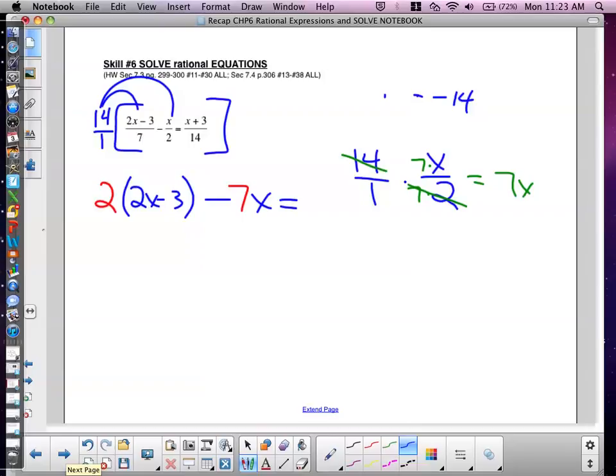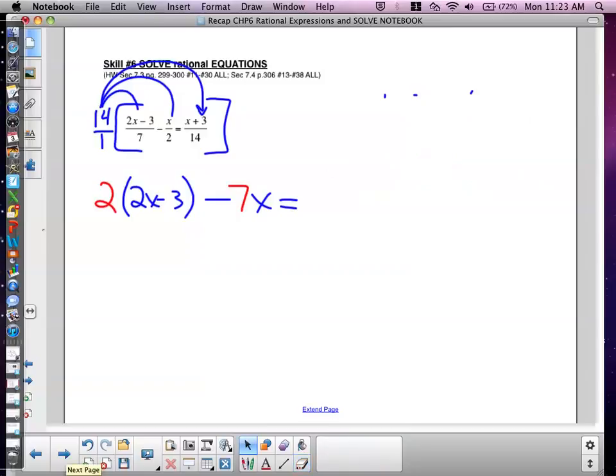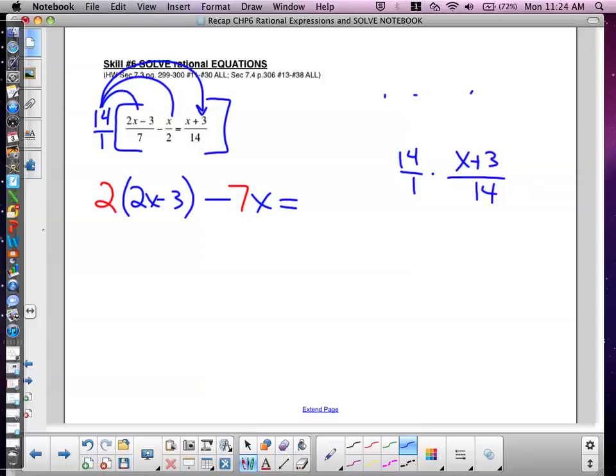And finally, the third term already has the common denominator, so when I multiply them together, all that remains is the numerator of x plus 3.